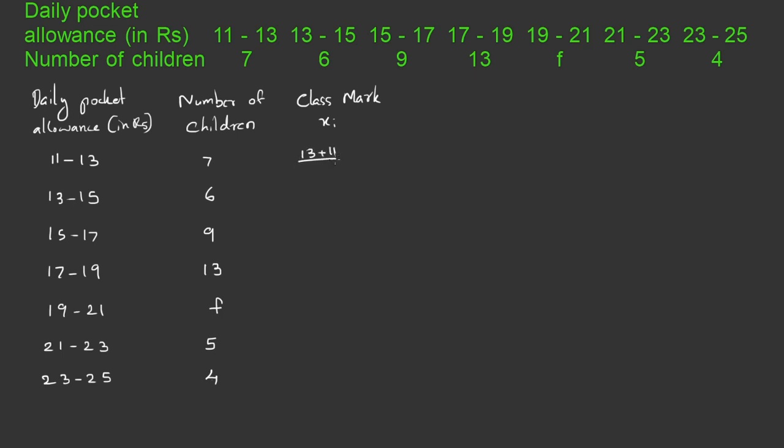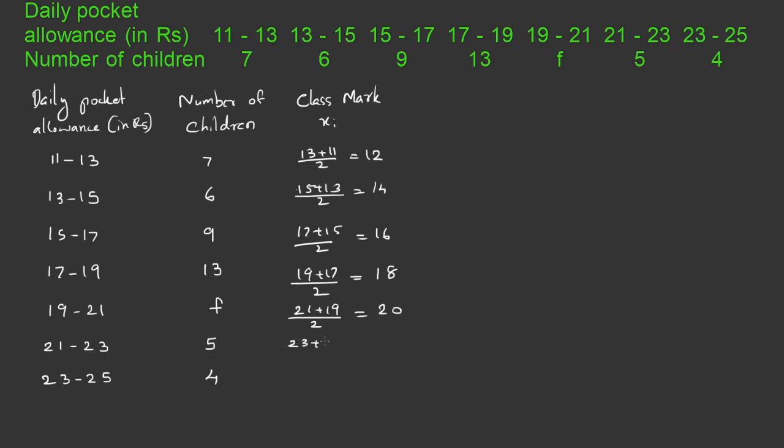Therefore, 13 plus 11 by 2 is equal to 12. 15 plus 13 divided by 2 is equal to 14. 17 plus 15 divided by 2 is equal to 16. 19 plus 17 divided by 2 is equal to 18. 21 plus 19 divided by 2 is equal to 20. 23 plus 21 divided by 2 is equal to 22. 25 plus 23 divided by 2 is equal to 24.